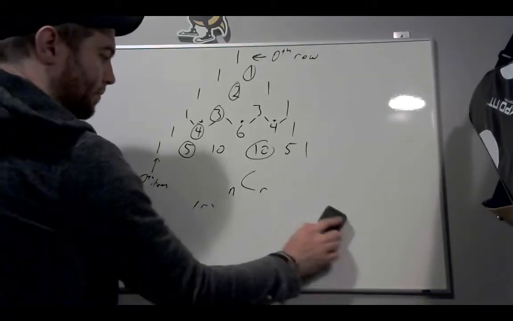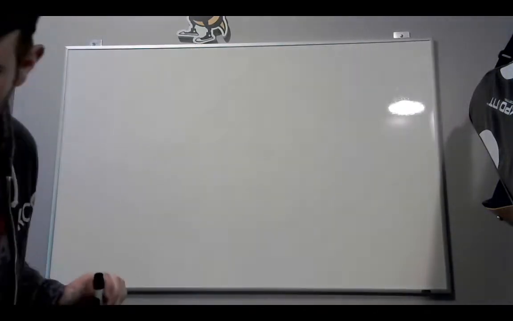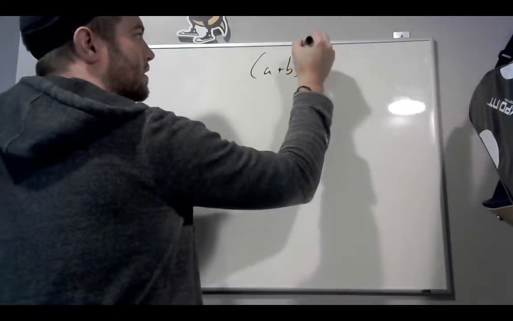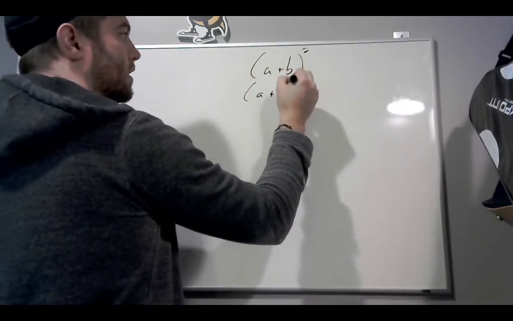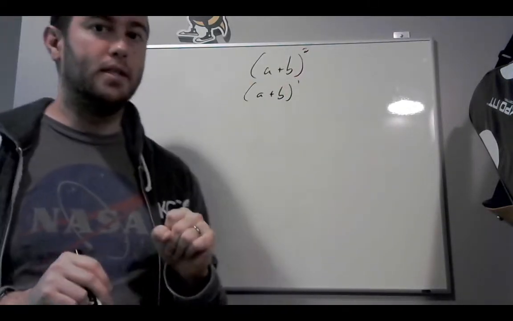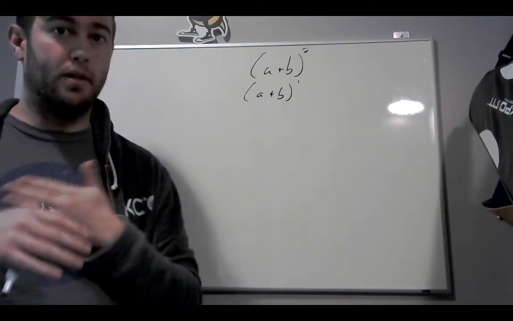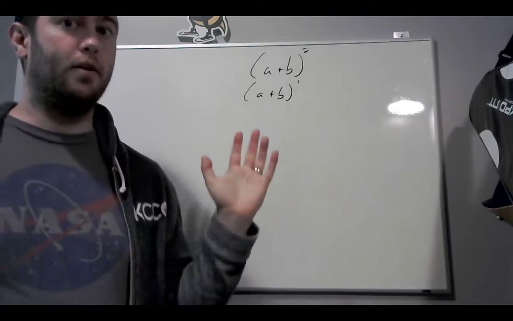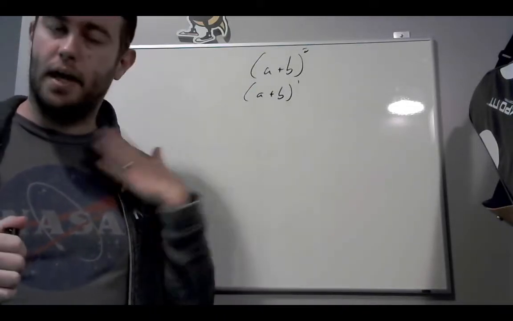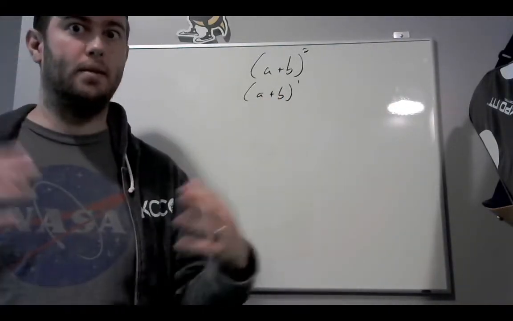What I mean by that is start with a plus b to the 0, then a plus b to the 1st, and so forth. As you keep raising these powers, you may notice patterns, and there are going to be patterns. If you want to try to figure this out on your own, pause now. Otherwise, I'm just going to go through it, because in class I would have liked you to try to see the pattern yourself.